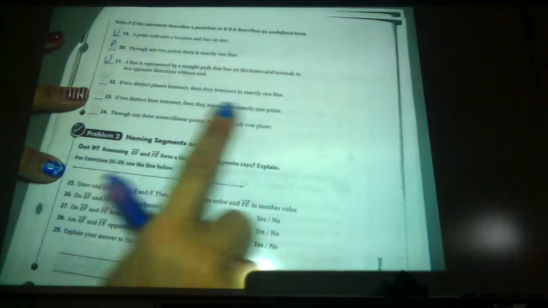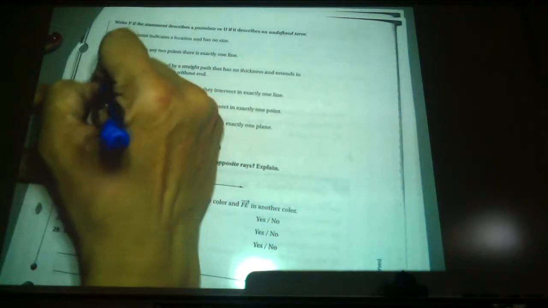Anytime you have an if and a then, it's a loud scream that that's a postulate. So if two distinct planes intersect, then they intersect in exactly one line. That's one of those postulates on the other side. Another: if two distinct lines intersect, then they intersect in exactly one point. Another postulate.